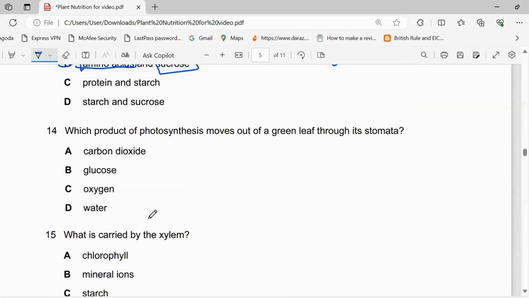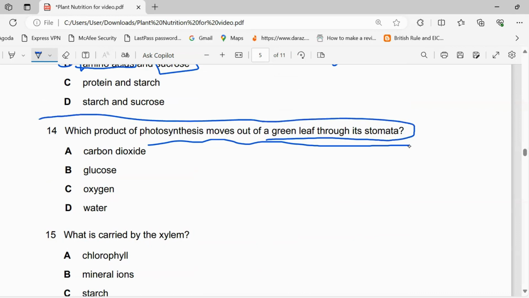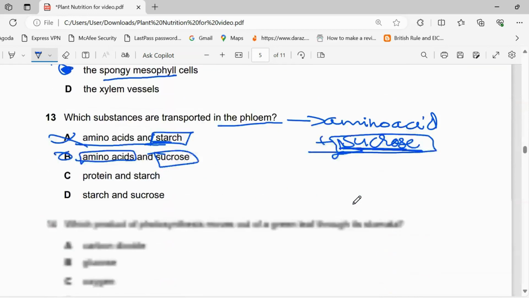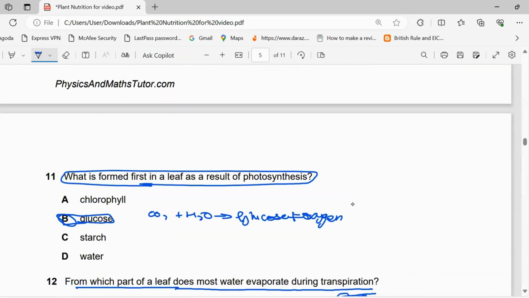Now in question number 14, the question is which product of photosynthesis moves out of a green leaf through its stomata? It is basically telling us the waste product of photosynthesis. In the equation we can see that oxygen is also produced.